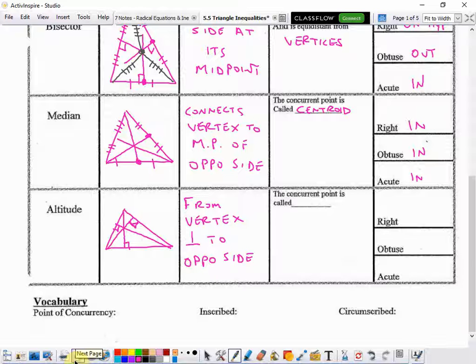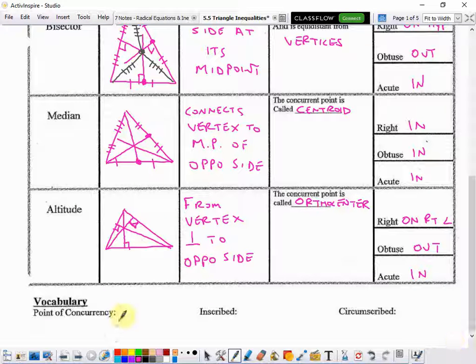That point of concurrency is called the orthocenter. In a right triangle, that orthocenter is on the right angle. In an obtuse triangle, it will be outside the triangle, and in an acute triangle, it will be inside the triangle.